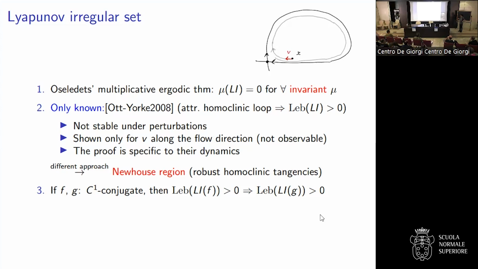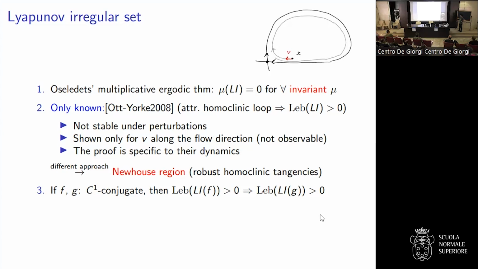Great. But the problem is, like in the previous talk by Stefano Luzzatto, this is very close to the Bowen eye example, and it is very easy to break. So it is not stable under perturbation.